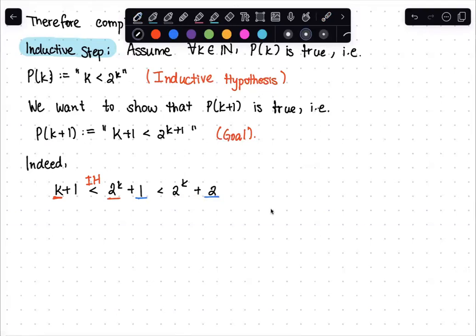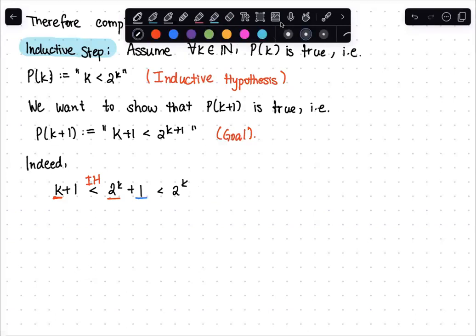From here, at this stage, I could factor out a 2 and write this as 2 times... actually, there's one small mistake here.